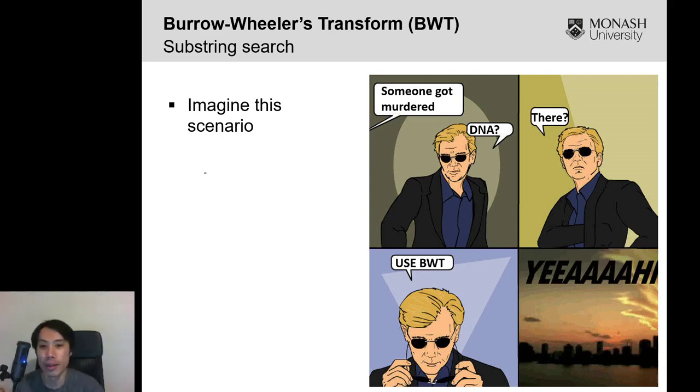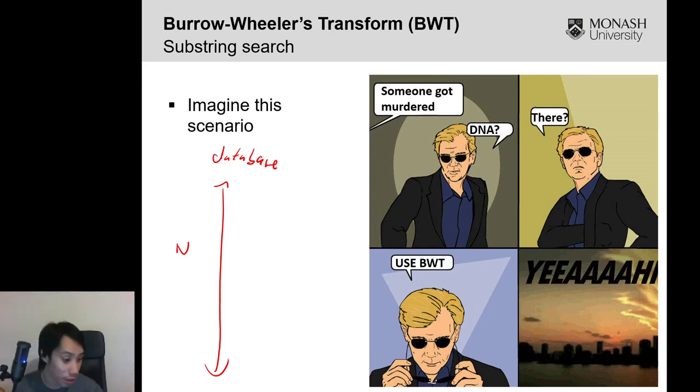But if you come from a police point of view, I have a database of all my suspects, n number of suspects. If you're a very large country, for example the US, your population is in millions. Imagine a database of millions of humans. To make it worse, a DNA sequence is very long.